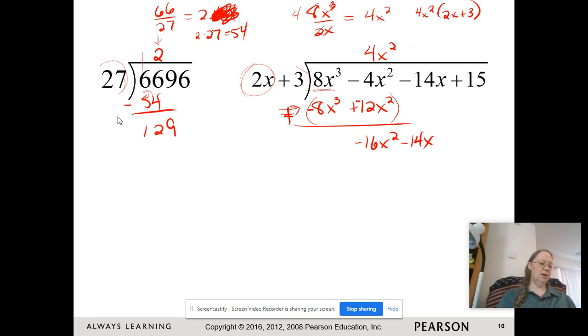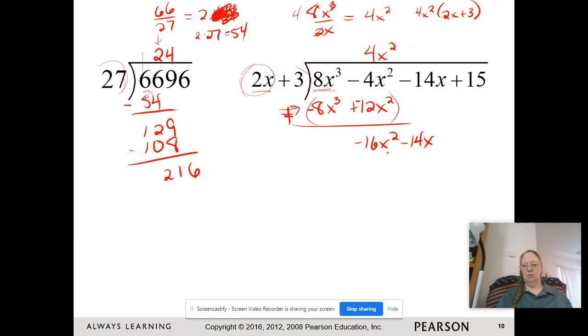So 129 divided by 27 is 4 point something or other, so I'm going to put a 4 up here. I'm going to multiply 4 times 27 and get 108 and subtract and bring down. I'm going to do it over here.